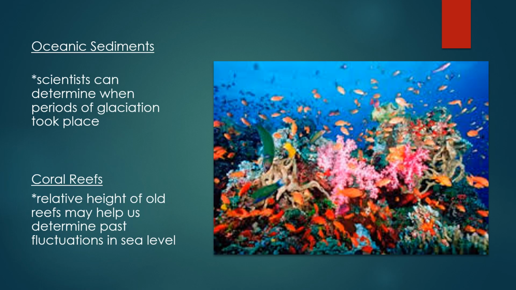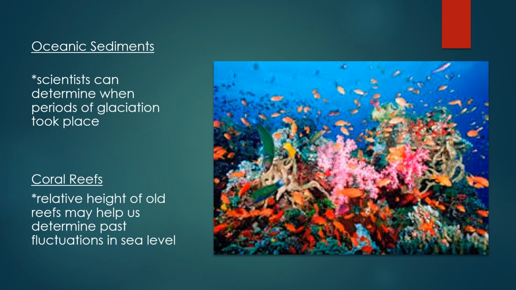Oceanic sediments are another way we gather information about past climate. Oceanic floor sediments provide a record of the changing oxygen isotope ratio in seawater over periods of thousands of years. So scientists can determine when periods of glaciation took place. What would that tell you? That it used to be much colder during that period, right?